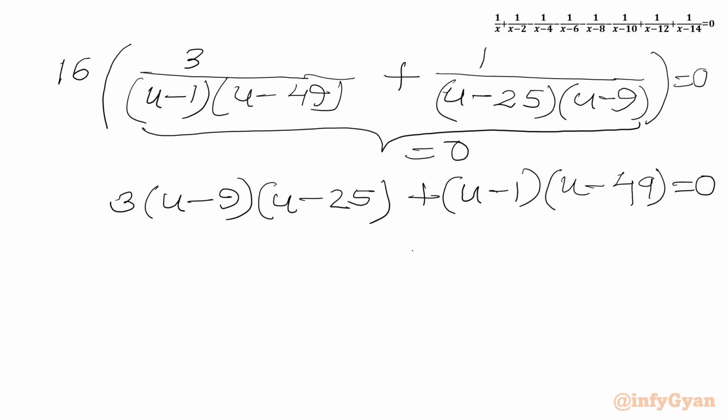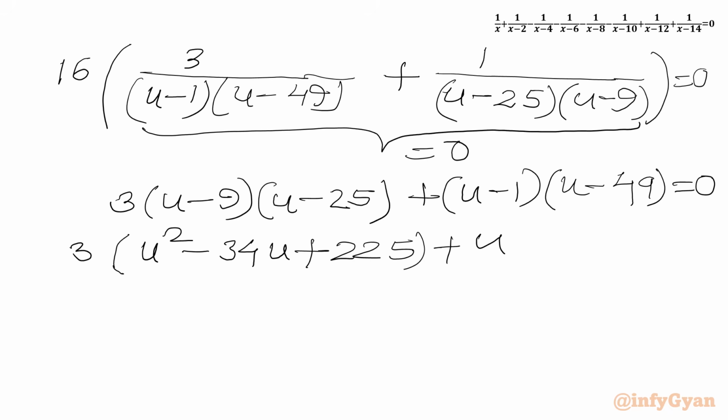Now we have to solve this equation. Denominator cannot be 0. Now we will write 3 times u times u is u square, then we can write minus 34u plus 225, plus u square minus 50u plus 49 equal to 0.